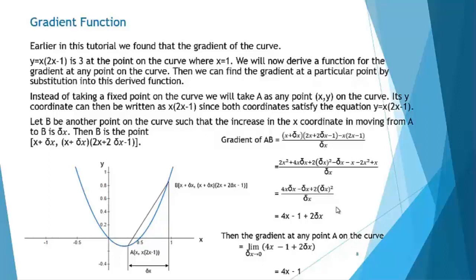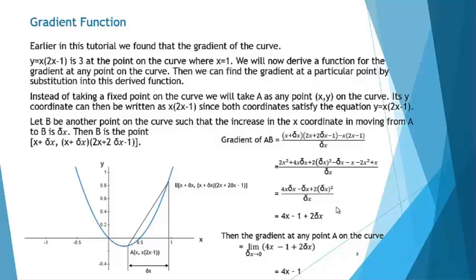By simplifying, we get 2x² + 4xδx + 2(δx)² − δx − x − (2x² − x), over δx. Simplifying again, we get 4xδx − δx + 2(δx)² over δx. Dividing the top and the bottom by δx, we get the gradient of AB as 4x − 1 + 2δx.